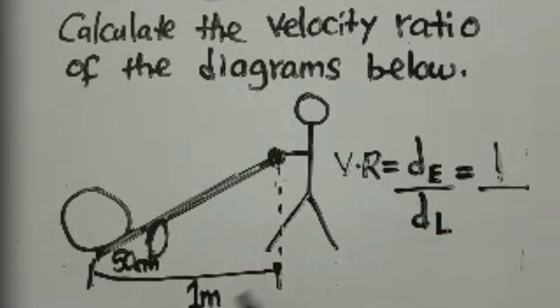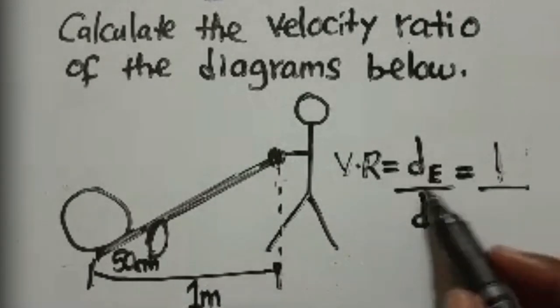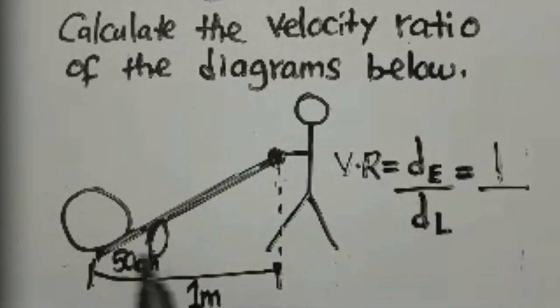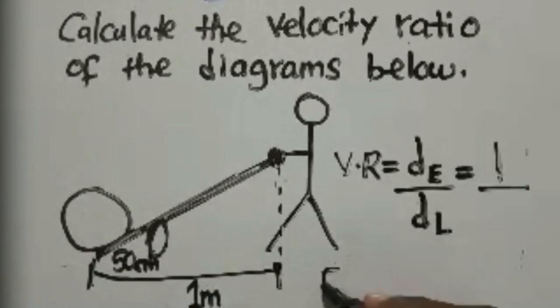Then the distance moved by the load. What is the distance moved by load? This is just the distance moved from here to there, which is 50. You know that it is in centimeters.